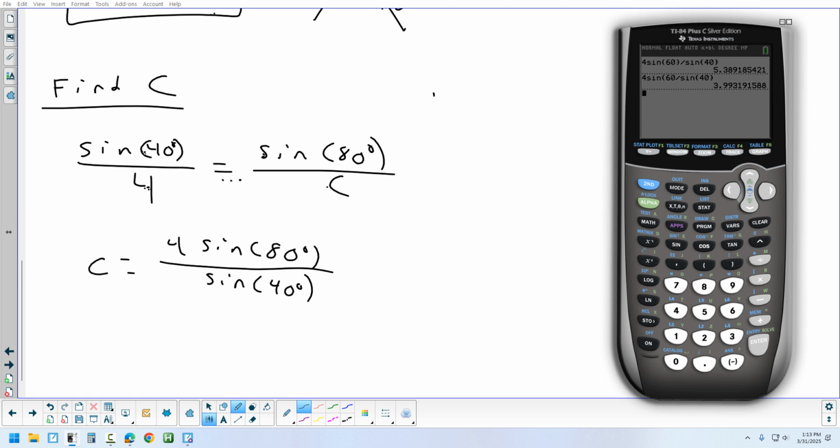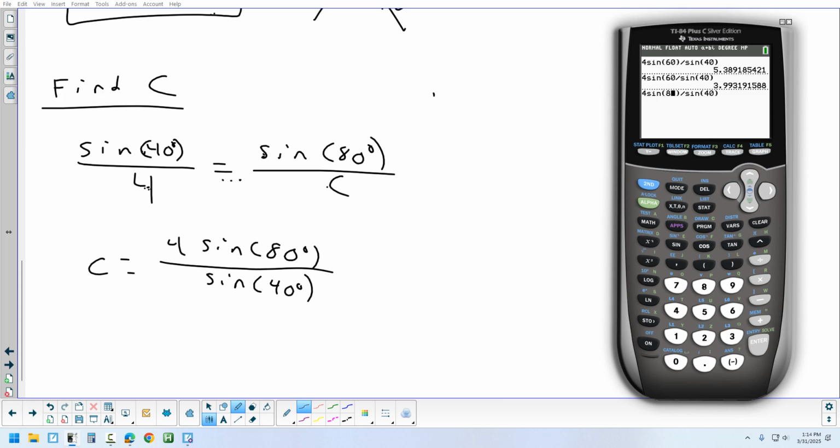And because it's pretty much the same thing you just typed in, you can press second and then enter. What that'll do is bring up the last thing we typed in. And we just have to change one number. What's the only thing I have to change there? The 60. Change the 6 to an 8.